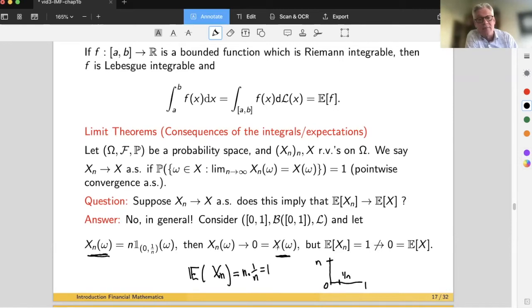But because x is just the zero random variable, the expectation of x is equal to 0, and they are not the same, right? So here you have a counterexample indeed. The expected value of the sequence is 1, and that is not equal to 0, which is the expected value of x.